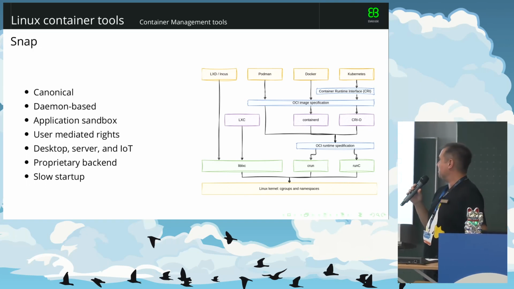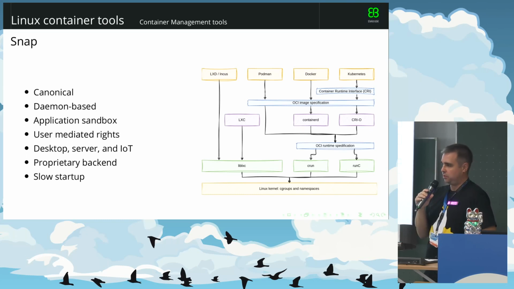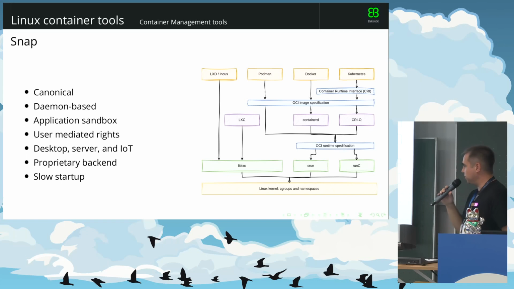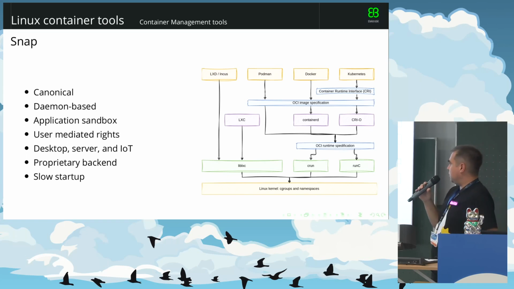Good. Okay, and then, not really a topic for our talk, I'll explain in a minute why, there are these application sandboxes, which also became popular, and where there were many publications, discussions, and articles in the last years. One of the more discussed ones is Snap. Again, a Canonical development, where only the client is open source. The backend is again proprietary.